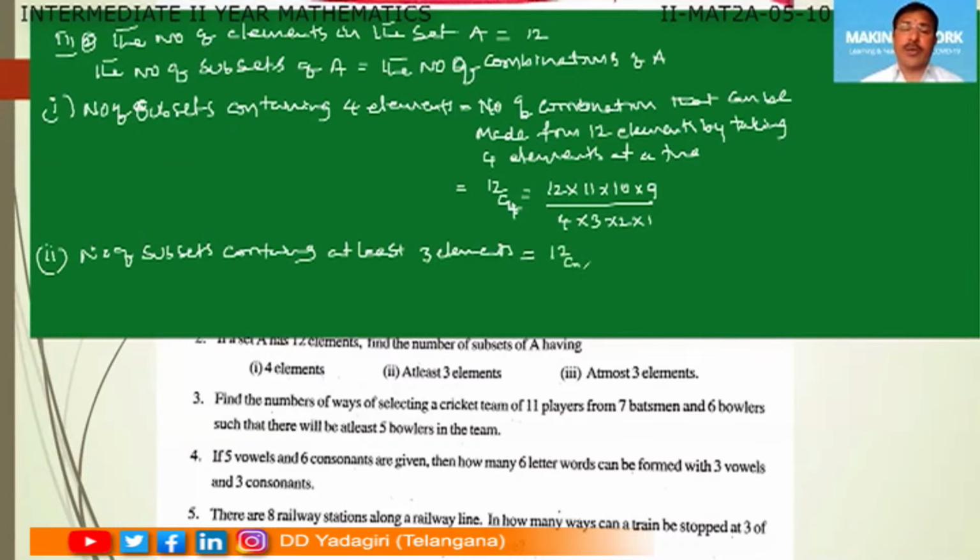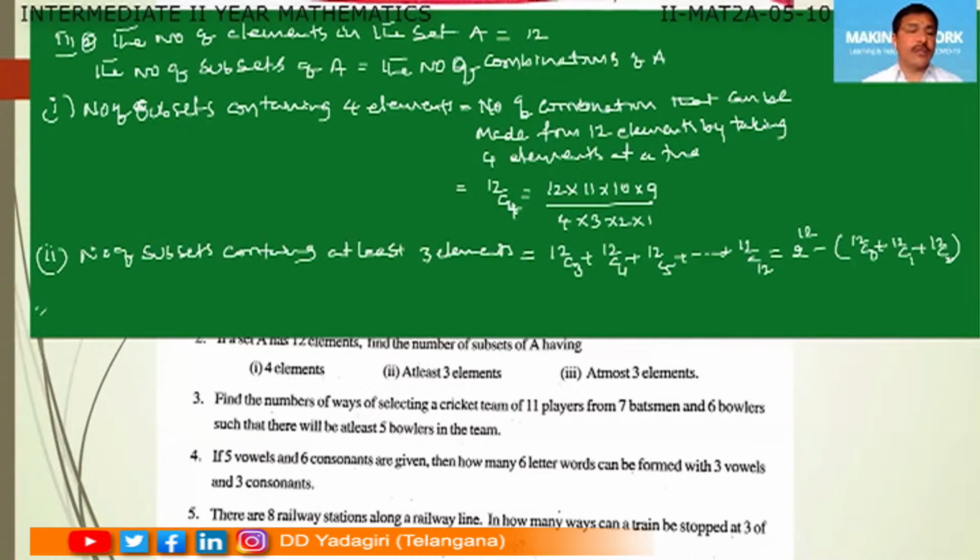That means combinations with 3 elements, combinations with 4 elements, combinations with 5 elements, and so on, up to combinations with all 12 elements. Now we can write this as the total number of combinations that can be made from 12 different elements minus the combinations made without any element, combinations made with one element, and combinations made with 2 elements. So on simplifying this, we get the answer.